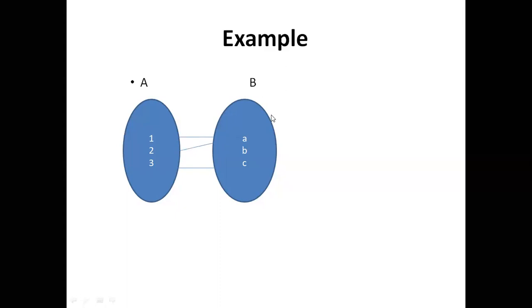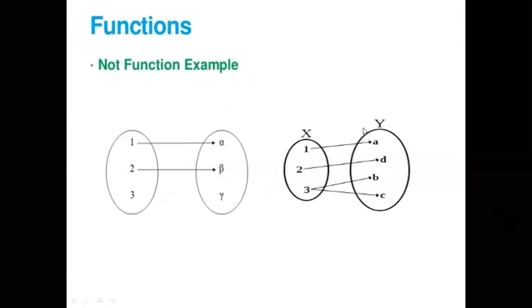Now let's take another example. We have two sets, one with values 1, 2, 3 and another with values alpha, beta and gamma. Again the question is, is this a valid function?